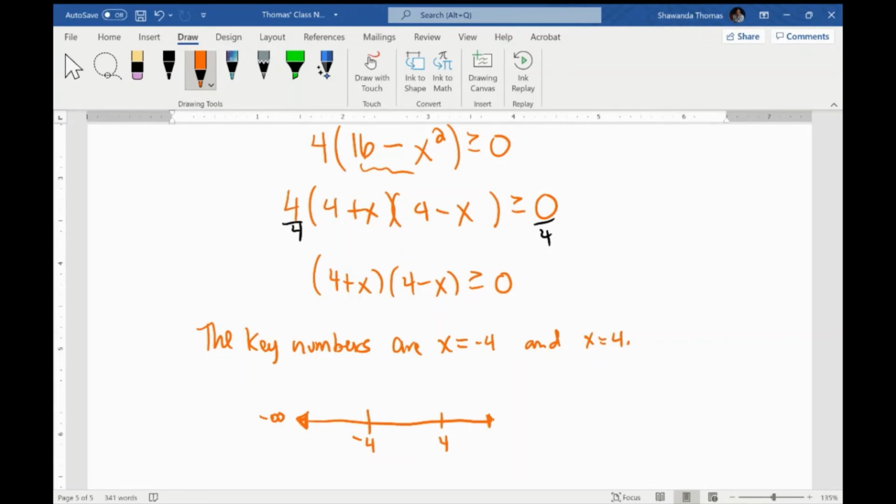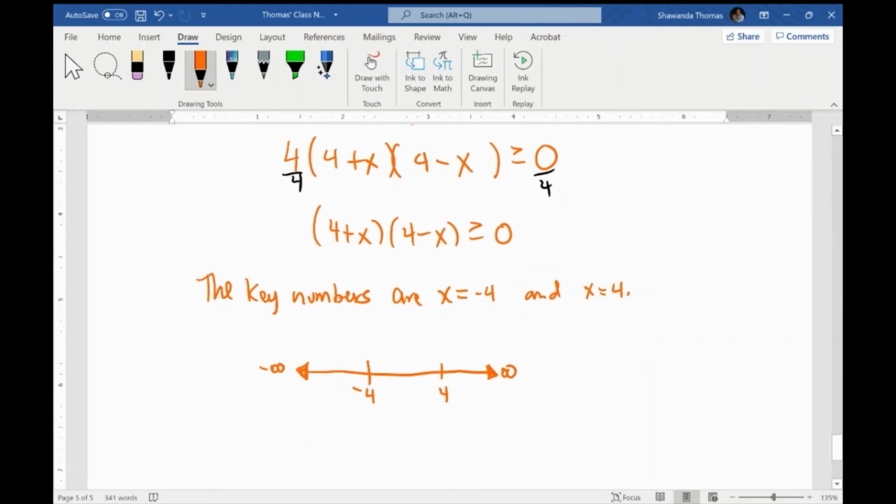All right. What number do you want to plug in from the first test interval? -5. Okay, put -5 in the first parenthesis. What do you get? -1.